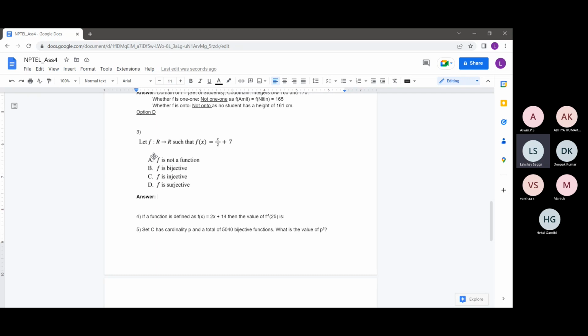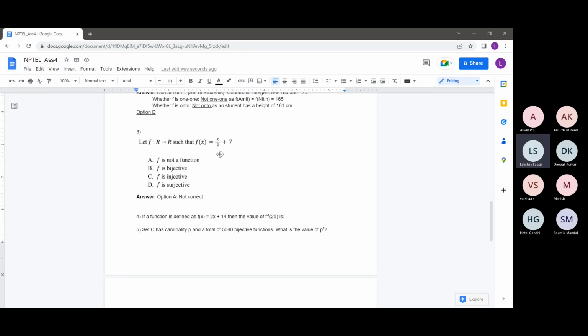So, f is not a function. This statement is definitely not correct. So let's just go option by option. The definition of a function is that it should take a value for every possible element of the domain, right? So for every real number, this x by 2 plus 7 should take a real value, which we know is true.